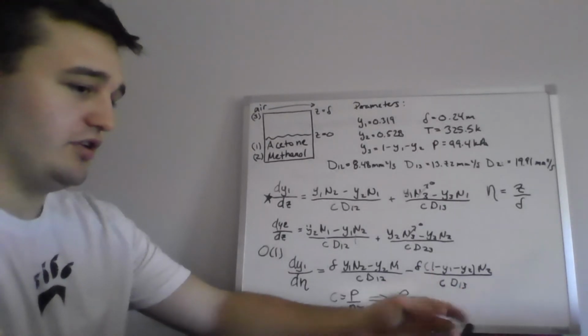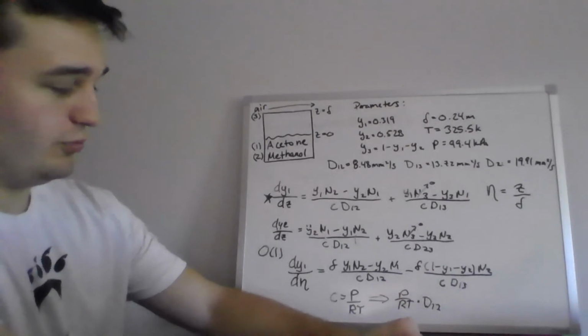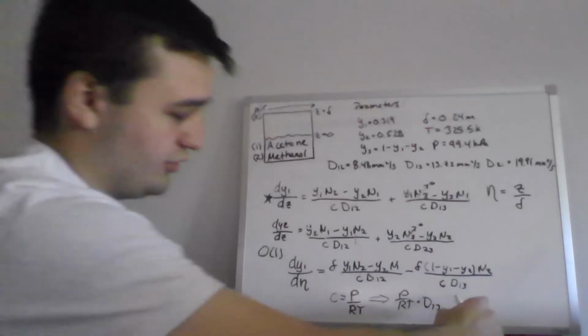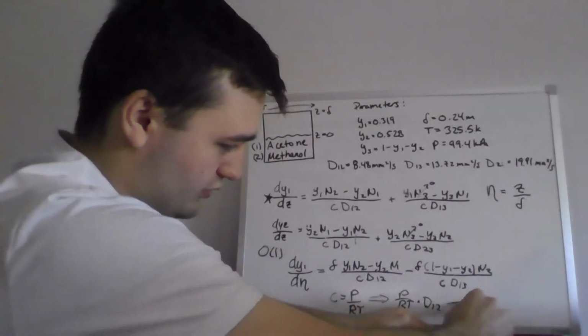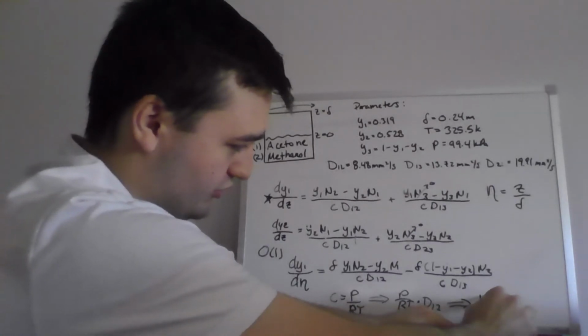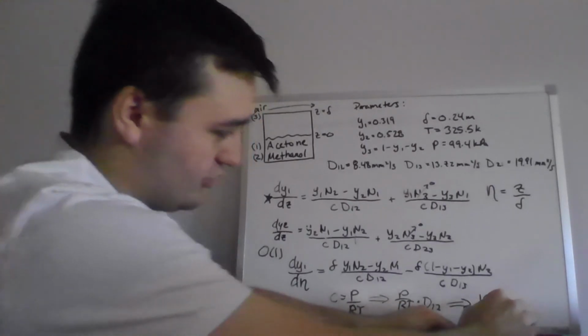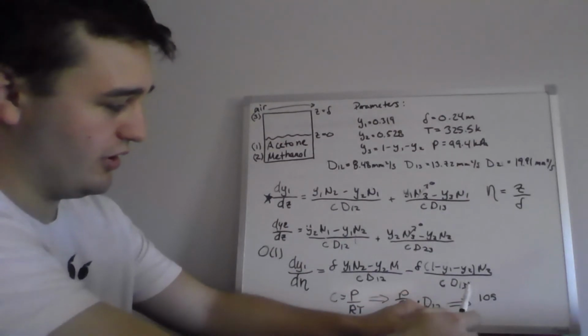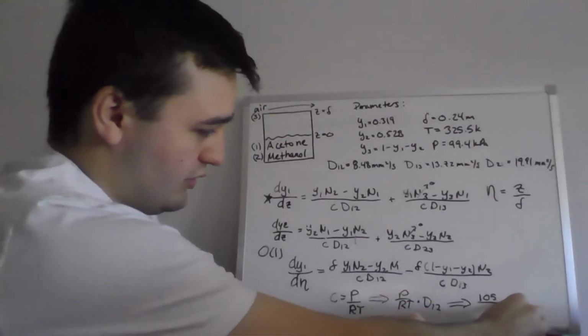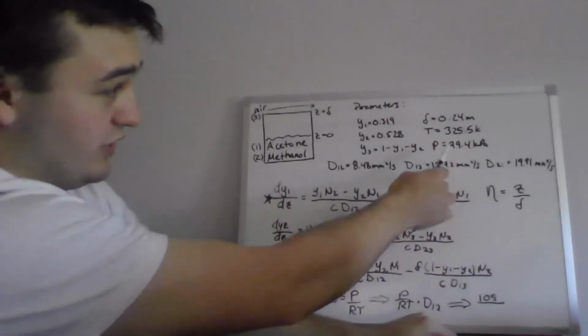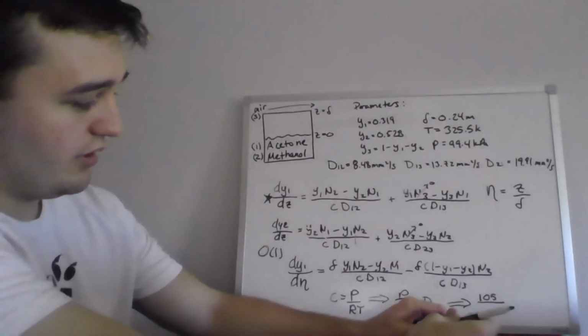So when we plug in just raw numbers here, the pressure is 10 to the 5th in terms of pascals, and that's from the given parameter.